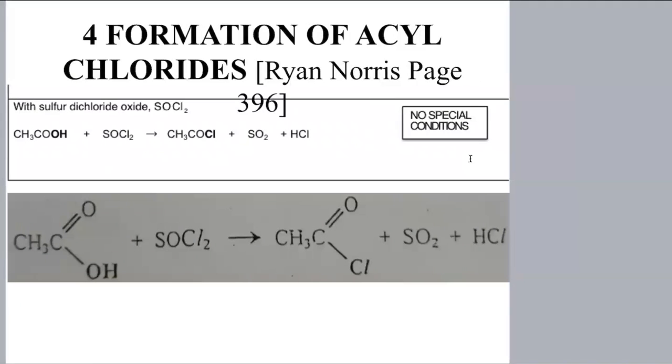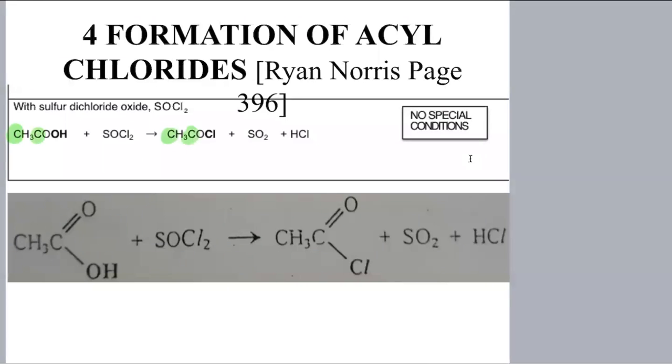Okay, the last one is SOCl2, which is sulfur dichloride oxide. Same thing. If you want to form ethanoyl chloride, you will use ethanoic acid. SOCl2 will give you a different product from PCl5 and PCl3.